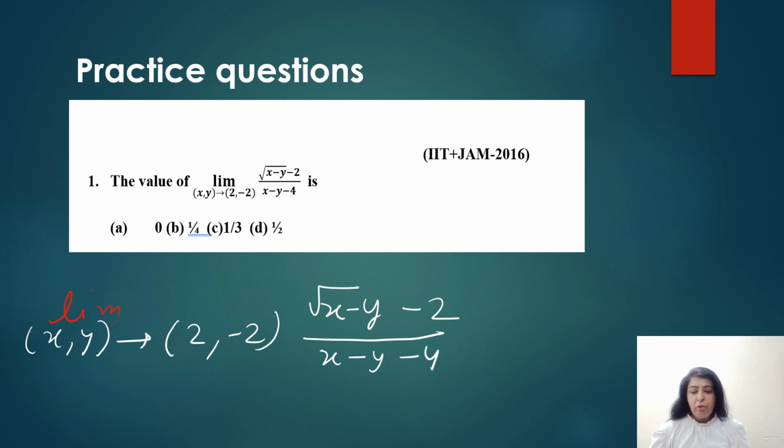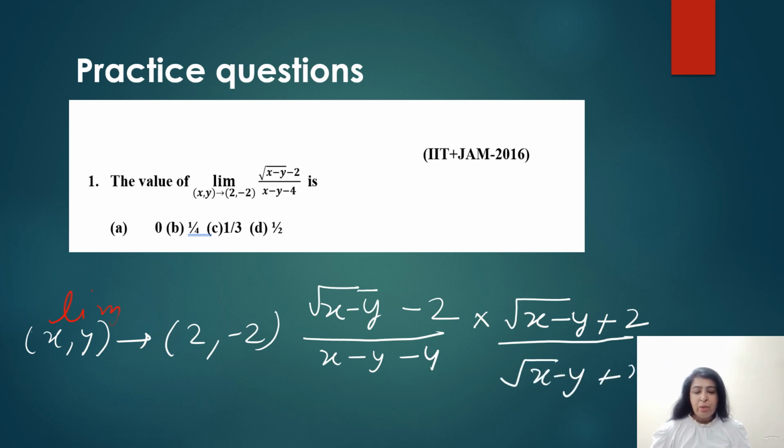Now you will just rationalize it. So what will we do? We will multiply and divide by root x minus y plus 2 divided by root x minus y plus 2. So what will we get?